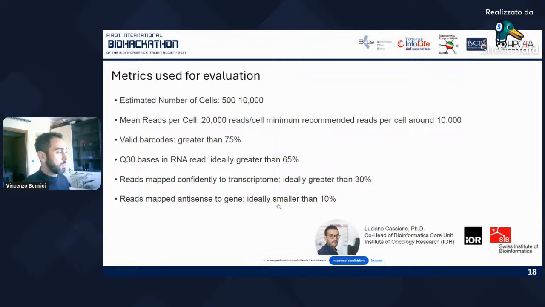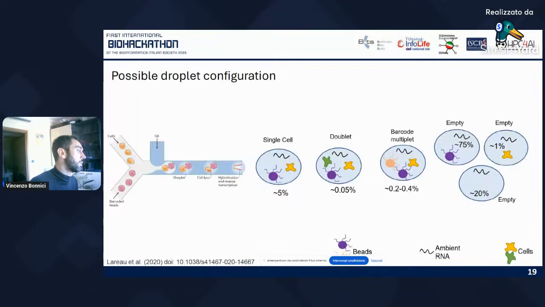If your calculation is near the percentages shown in these slides, you may have a good set of reads, and you may want to proceed with all the other steps of your analysis that we saw before.